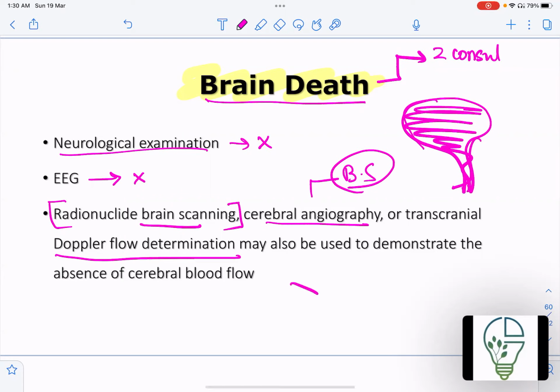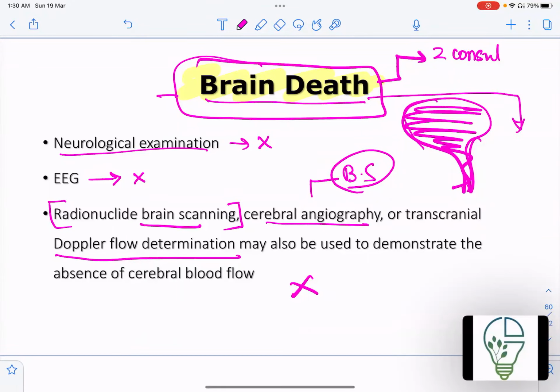And when all of this is confirmed, then we declare the patient is brain dead, and the patient goes to DNR, which means do not resuscitate, and then the patient's family can be consulted for organ donation and other forms of end of life supportive treatment, basically. But it's very important when you declare a patient brain dead to make sure that every single step and every single test is done properly, and you've confirmed it with 2 physicians, especially consultants, at least.